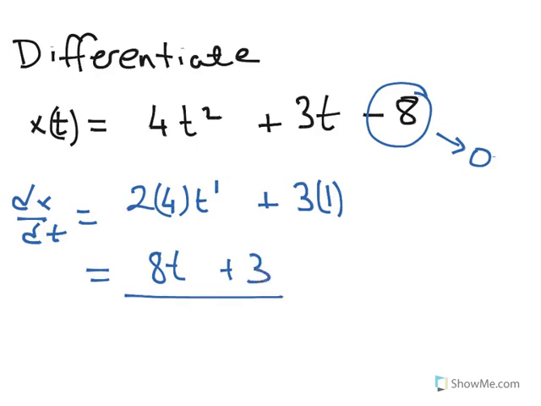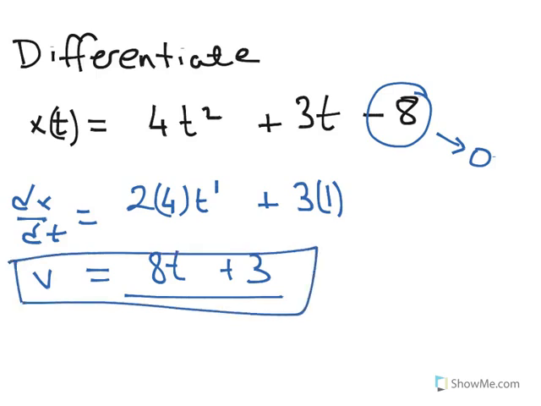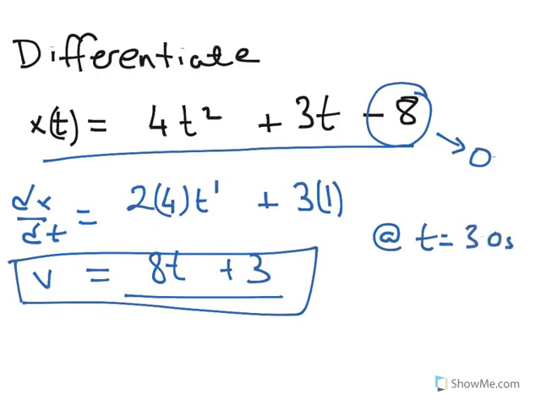So again, what does this give me? This gives me a velocity, an instantaneous velocity at any point. If this is an equation that describes the motion of a particle or an object, and I want the velocity, say for example at t equals 3.0 seconds, then all I do is substitute 3.0 seconds in here for t.